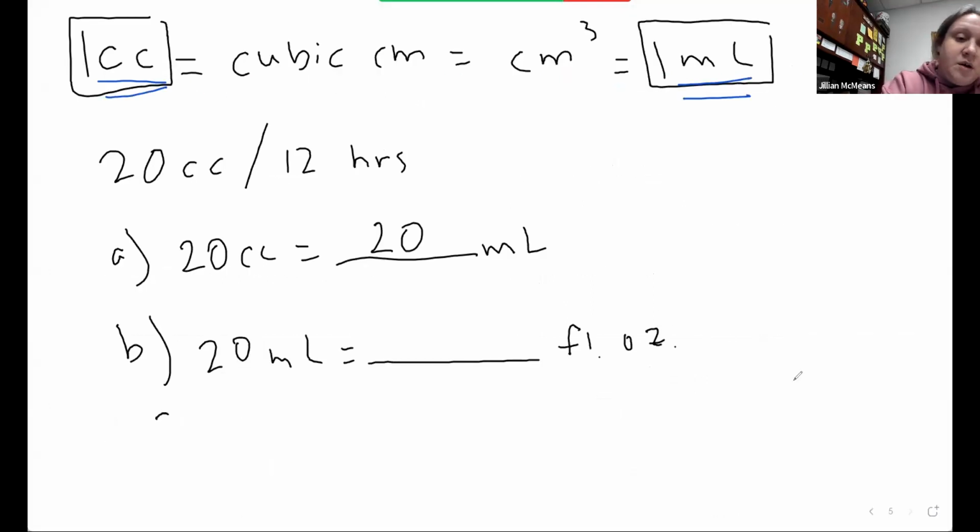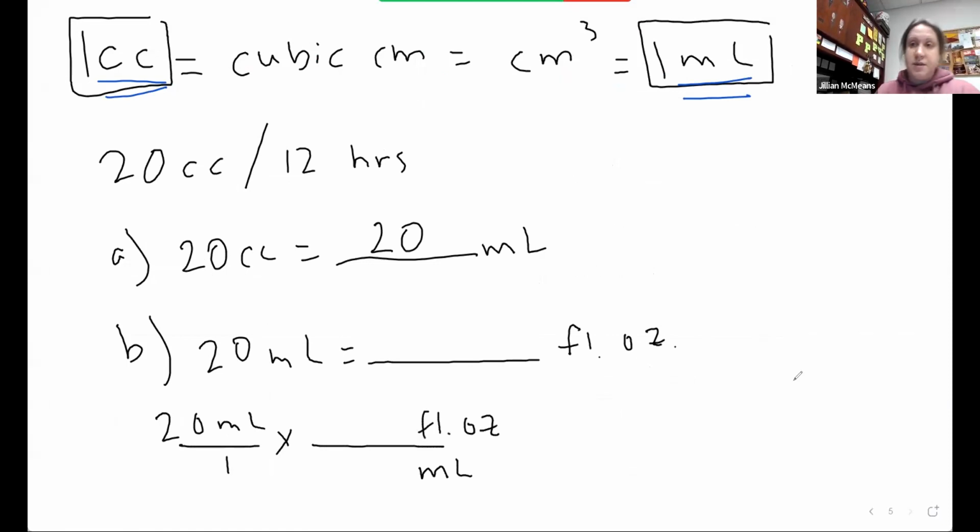We start with what we know. We have 20 milliliters. We're going to put that over 1, and then we're going to multiply by a unit fraction that relates milliliters and fluid ounces. Okay, so remember, 1 fluid ounce is approximately 30 milliliters.